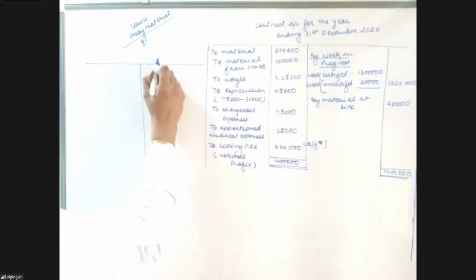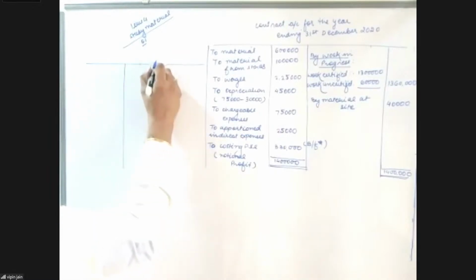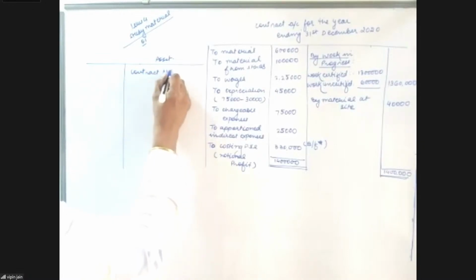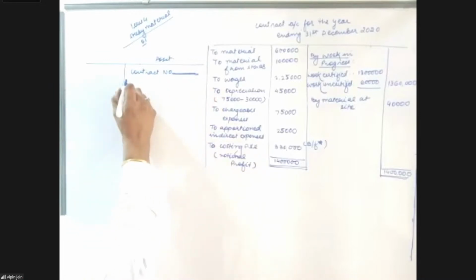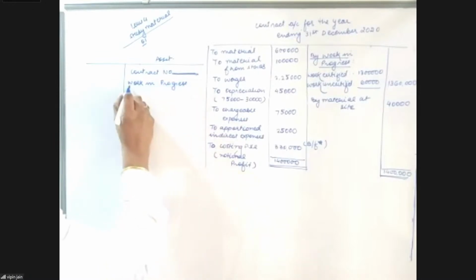So when talking about the balance sheet asset side, contract number, whatever it is, thereafter work in progress, that is work certified.